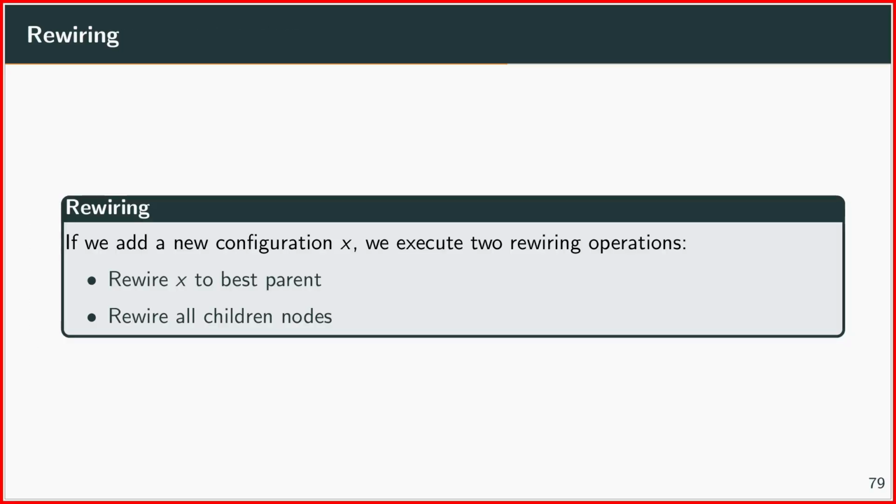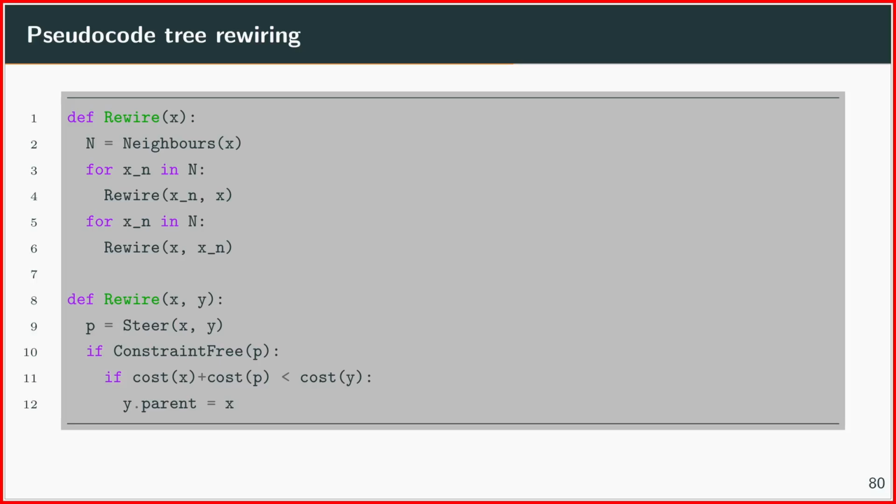Okay, and just to give you a simpler pseudocode for that. This is basically here. You can also define this rewiring operation just by computing all the neighbors and then doing these two rewire steps from all the neighbors to your new configuration or from your new configuration to all your neighbors.